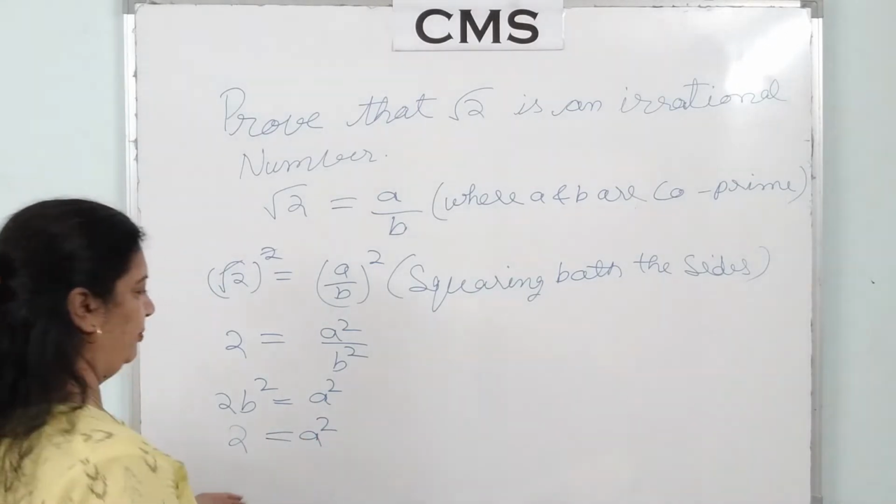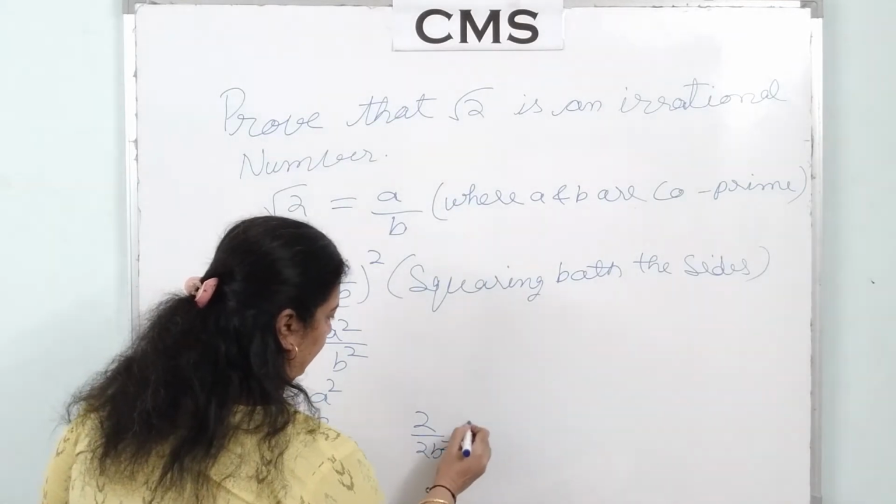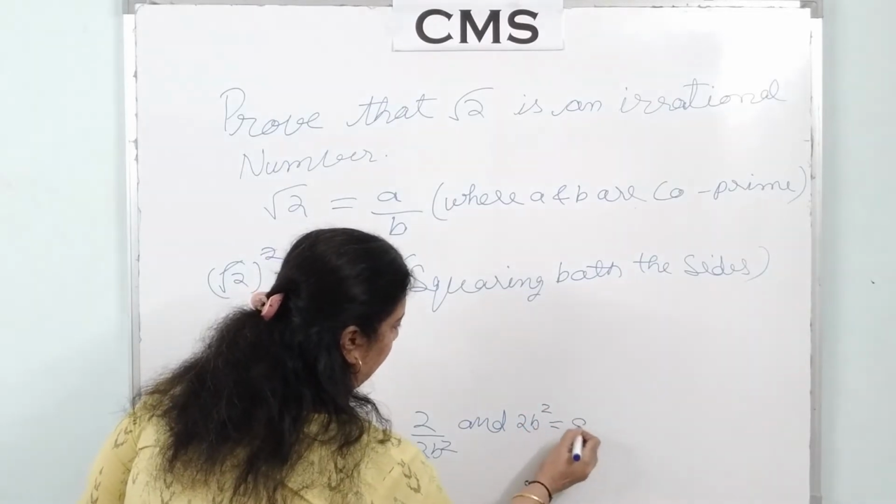So 2 divides a square, because 2b square is equal to a square.